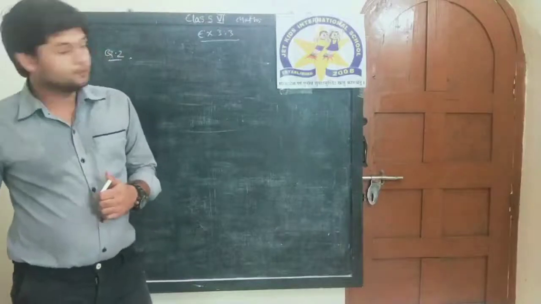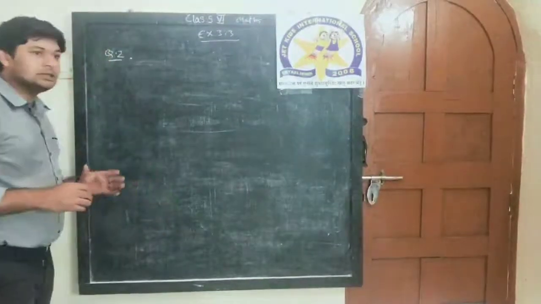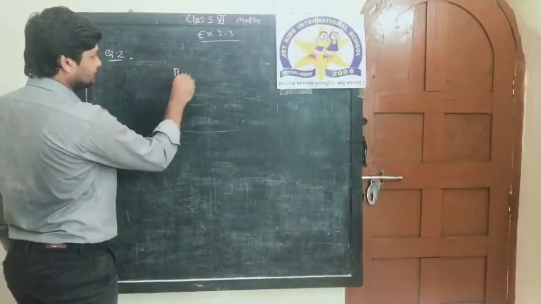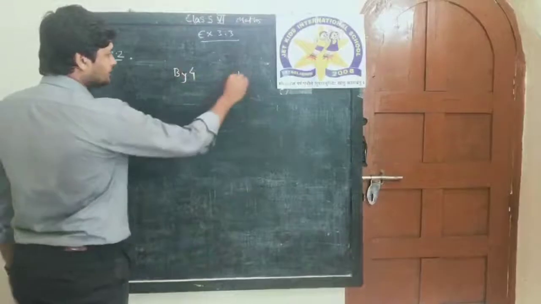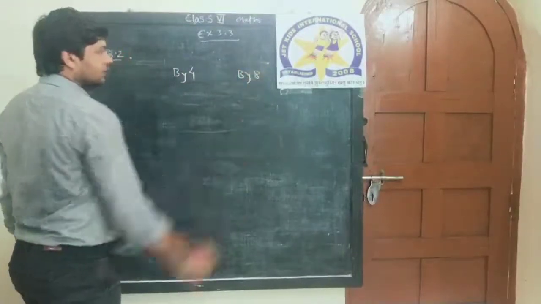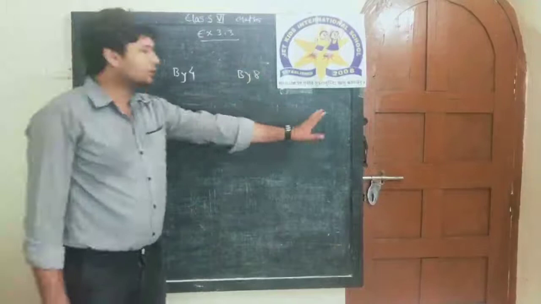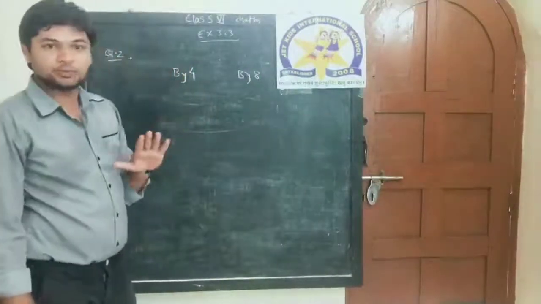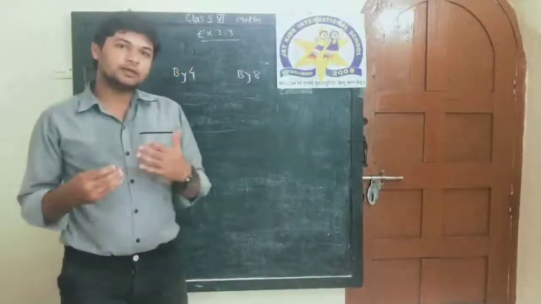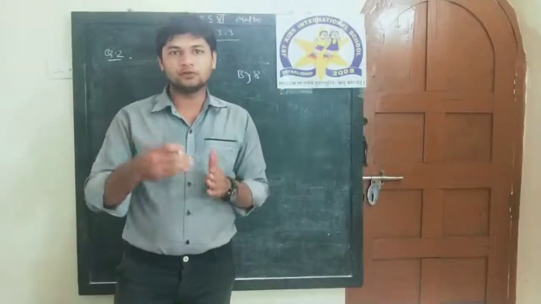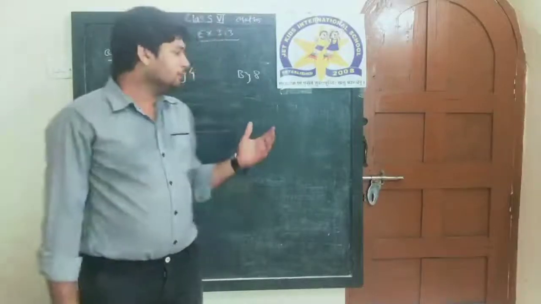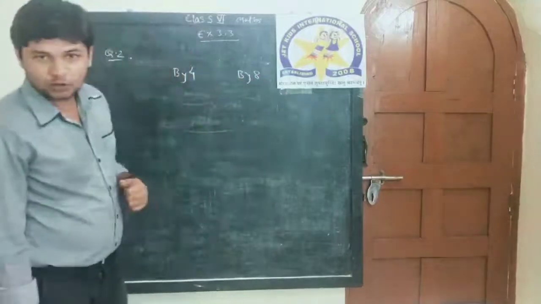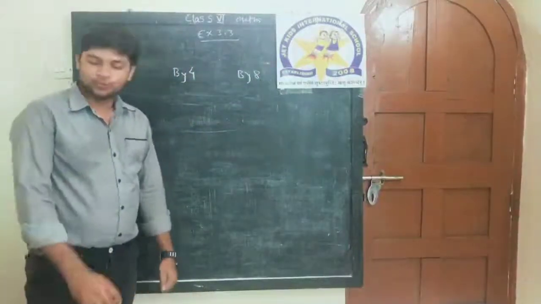We can also do it in a table format, like by 4 and by 8, and the rest of the calculation you can do over here in the rough area on the same page, so that when you practice next time after a few days, it will be easy to remember what operations we performed while solving question number 2 of exercise 3.3.